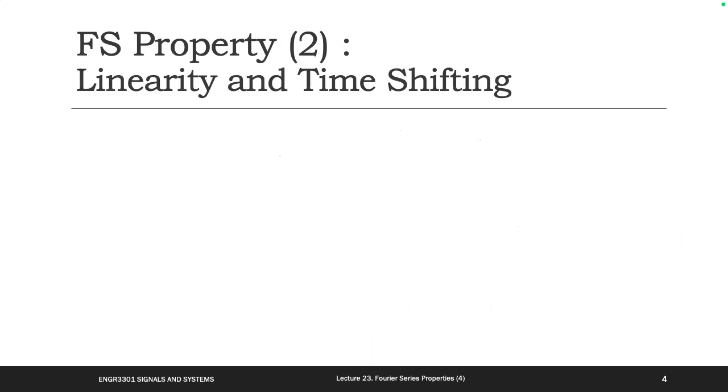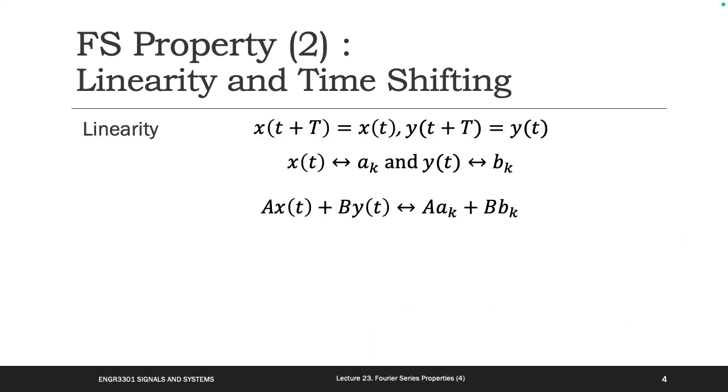Okay, let's talk about linearity and time shifting. Linearity is when we have two different periodic signals, and for those two signals we have separate FS coefficients. Then if you have a new signal combining them, you can easily get the new FS coefficients with this property.